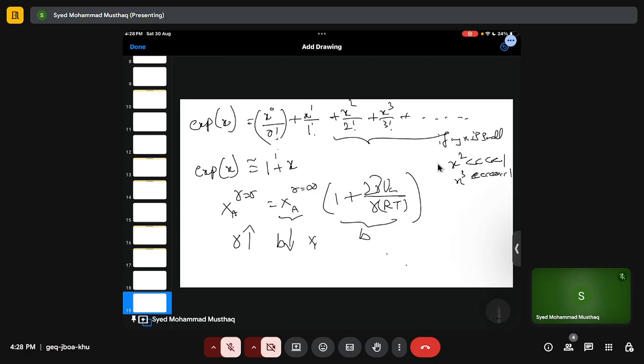Then my XA at R equals R, now b will decrease, right? So it will very much not change, because b tends to 0. That's what is happening. If my R is very large, then b tends to 0.